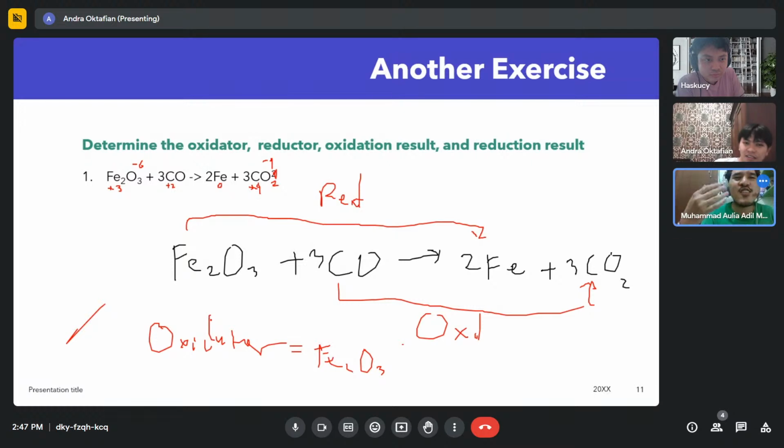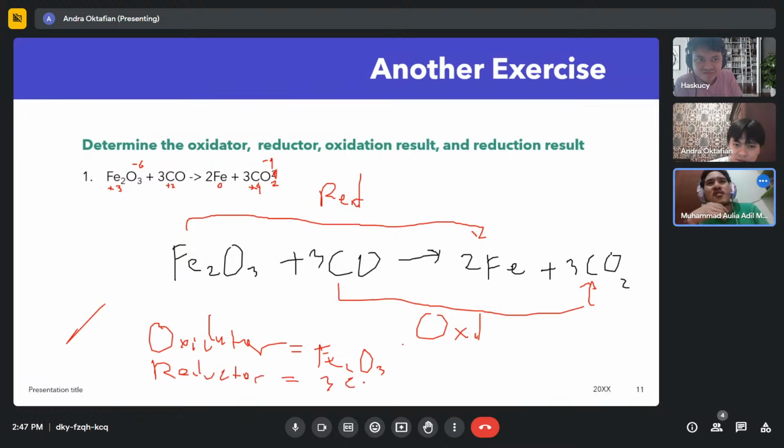If reduction occurred, then the left compound element is an oxidator, and if it is an oxidation, the left element is the reductor. Yes, you are very true. I get it.